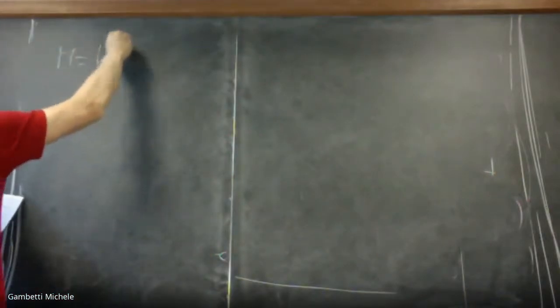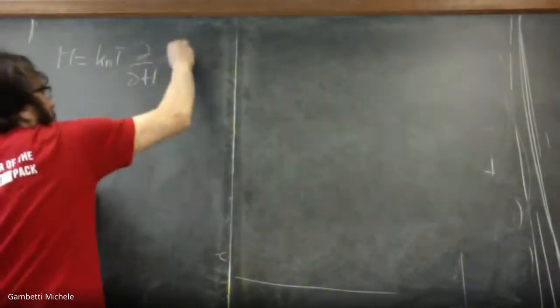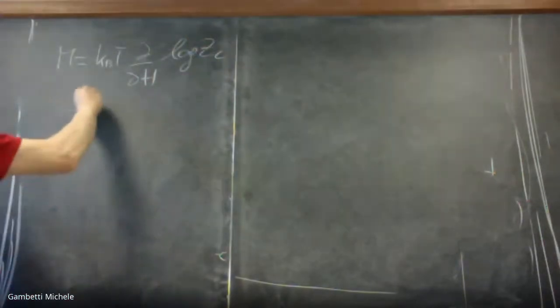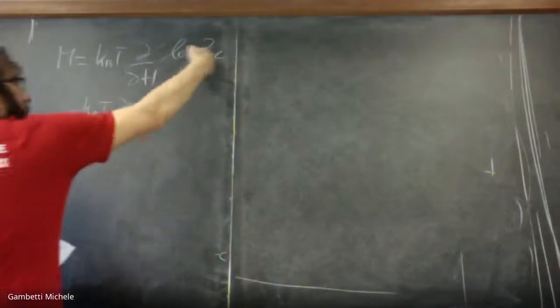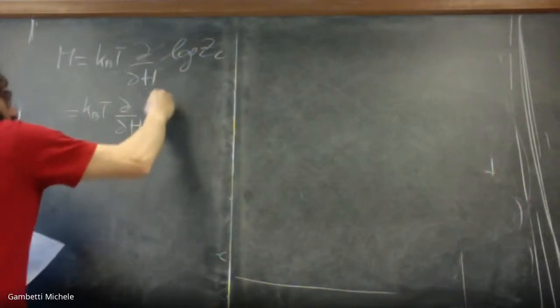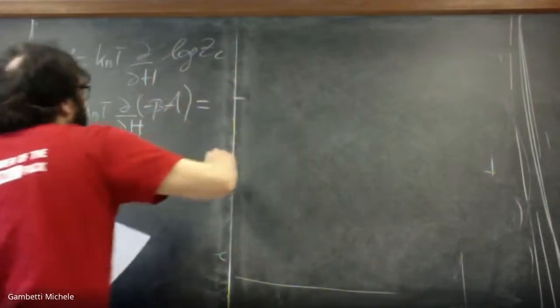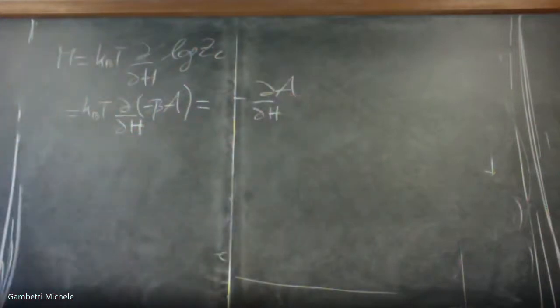So first of all, M is, as I said before, kBT derivative with respect to H of the log of Z of C, which is also equal to kBT derivative with respect to H of the log of Z of C, which is just minus beta A, and so this is minus derivative with respect to H of the Helmholtz free energy.